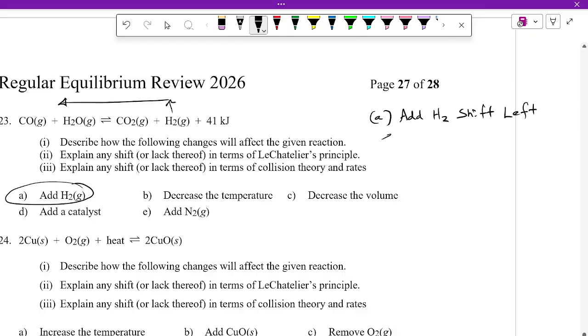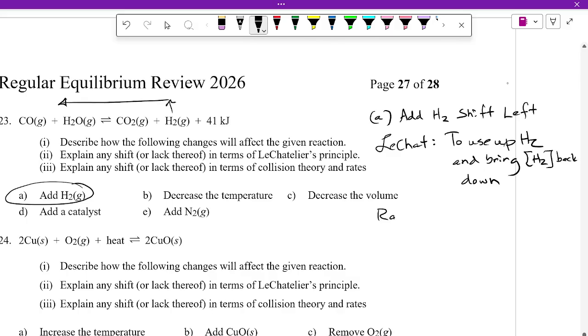And then in terms of Le Chatelier, to use up the extra H2 and bring the concentration of H2 back down.